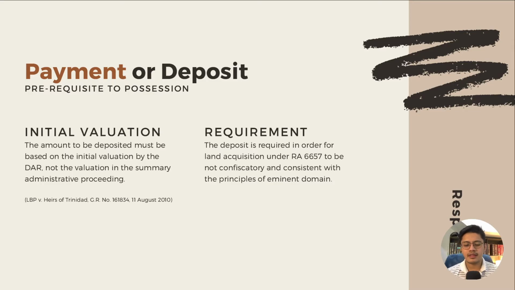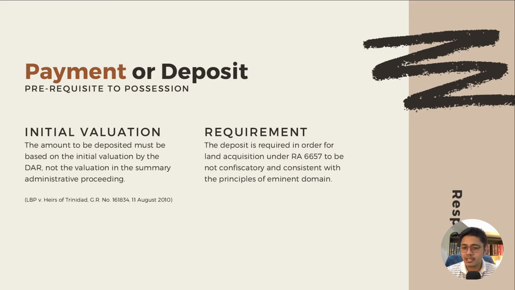Note that the amount involved in the payment or deposit here is not the amount that is summarily determined by the adjudication branch of the DAR. No? The amount to be deposited here must be the initial valuation. What's the initial valuation?